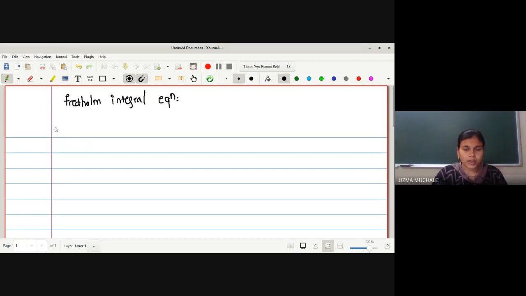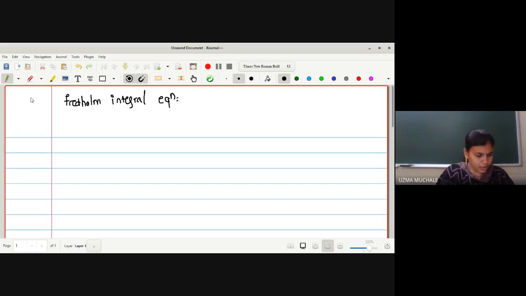I hope I have told you that there are many types of kernels in our integral equation, and this kernel has no relation with the kernel we have seen in group theory or algebra. That kernel maps all the elements to an identity, but here it is simply some function in a provided interval. So now let us go for the Fredholm integral equation.